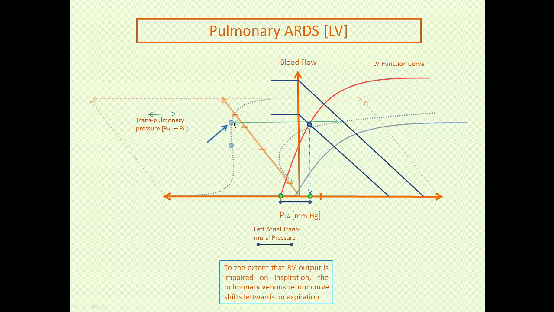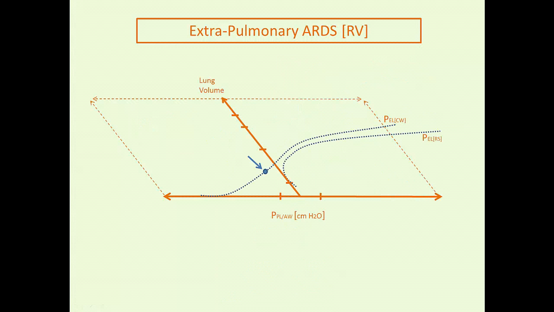state effects of the PEEP diminishing right ventricular output. Again, after a few cardiac cycles, as this is established, your pulmonary venous return curve will shrink and shift to the left, and you may have a diminished left ventricular output as a steady state effect.